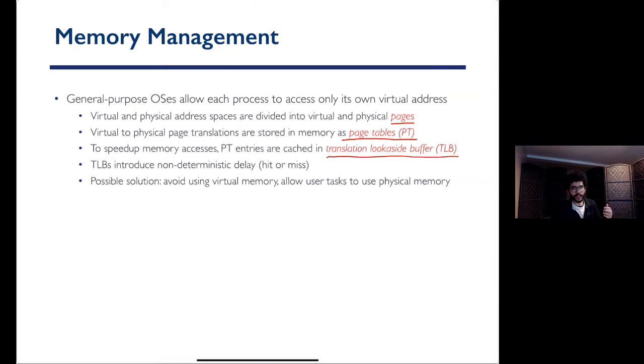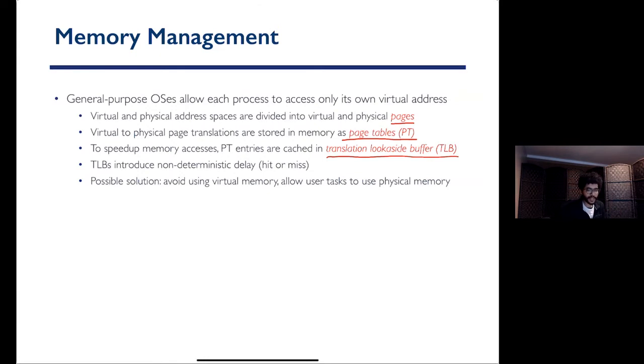When I translate virtual address X to physical address Y, I can cache this translation, and in the future, instead of looking at my tables for this, I can look at the cache and see that, oh, I've already translated this virtual address X to physical address Y, so I can just use it instead of repeating the translation.